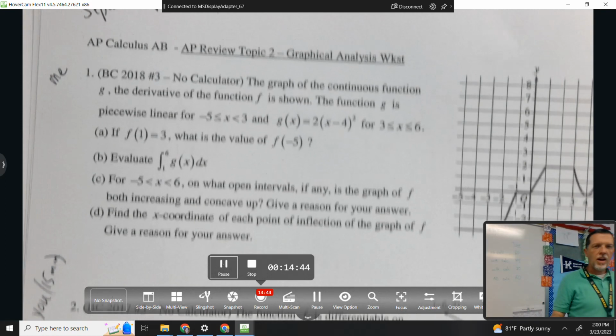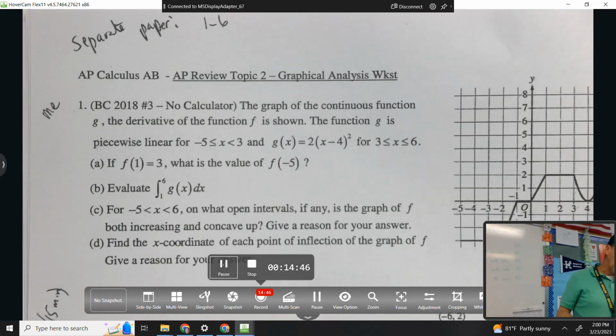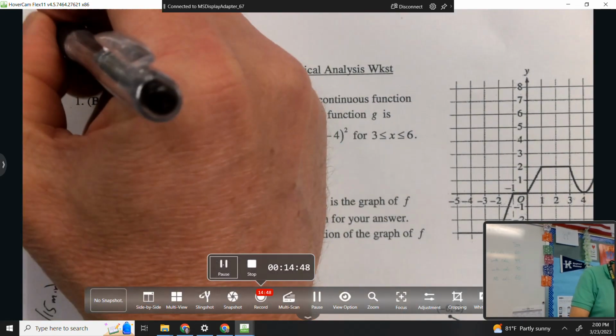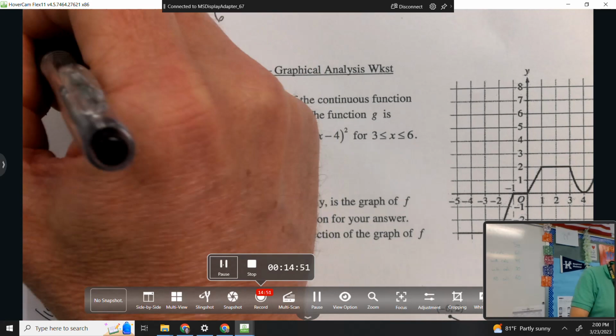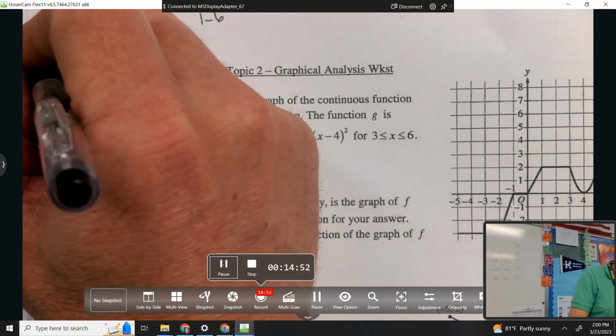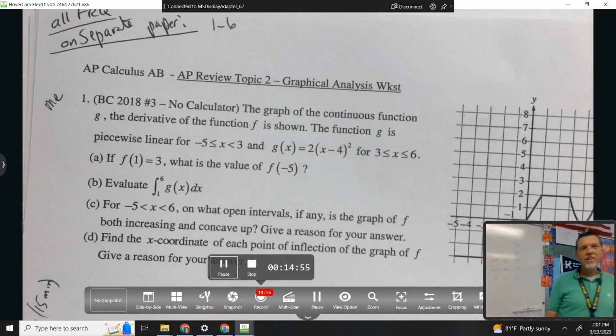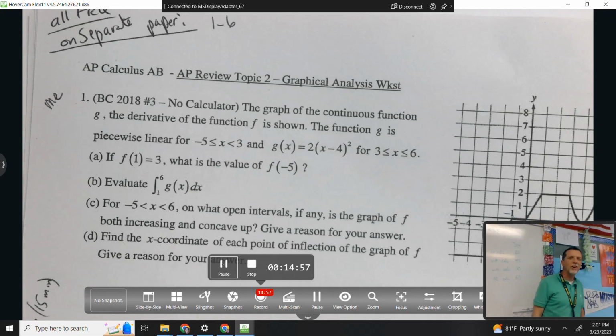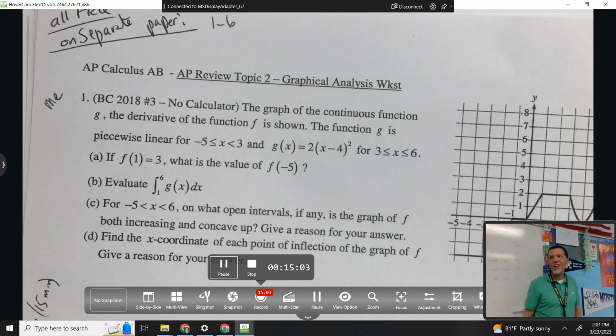Okay. Couple things to say. I want all free response questions on a separate piece of paper. I do not want you to try to be a hero and squeeze. On the test, this will be like 2 pages worth of stuff, because each little part is usually half a page they give you to write big and to think through and mark out.